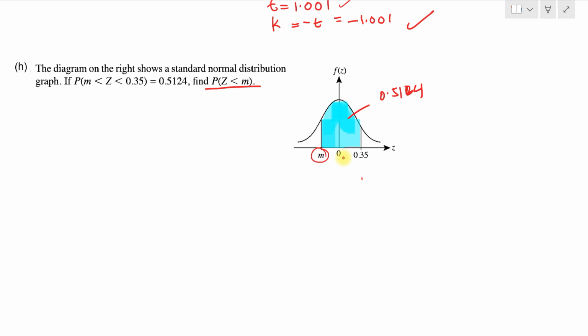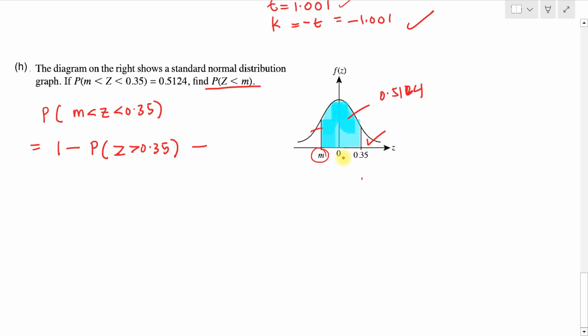Okay, so let's come back to this. Probability of z greater than 0.35. The shaded part, how do you calculate? You take the whole thing and then you minus this part, z greater than 0.35, and then this part is actually what? Probability z less than m. Remember, this is what the question wants.